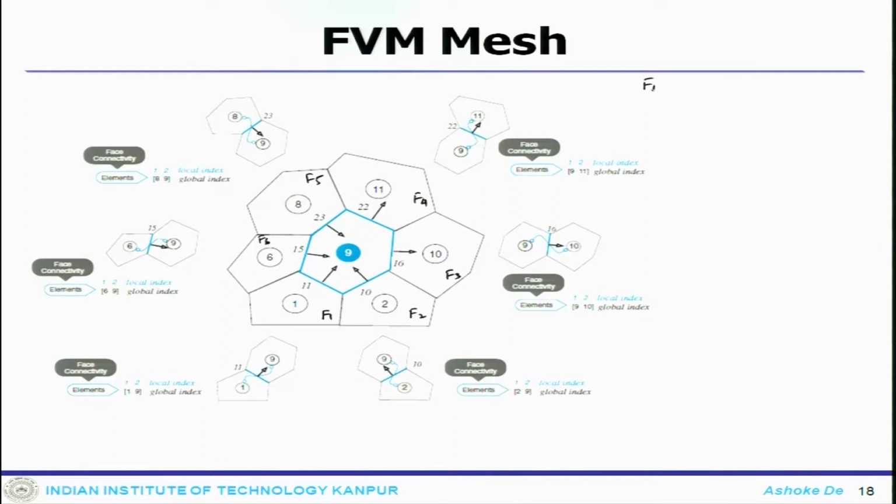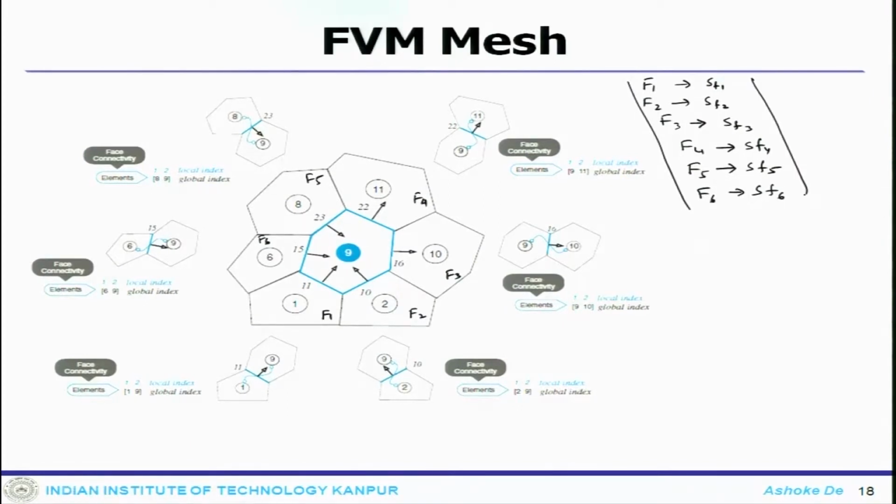So, F1 element which will have SF1, F2 will have SF2, F3 will have SF3, F4 will have SF4, F5 will have SF5, and F6 will have SF6.